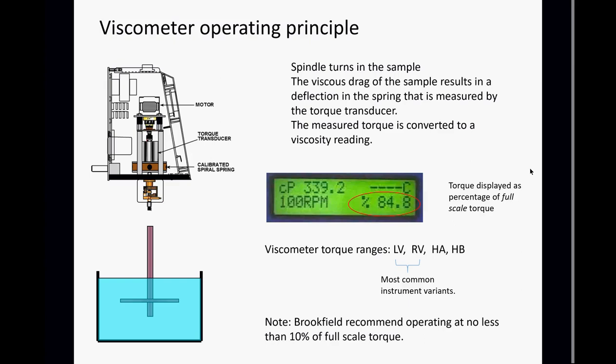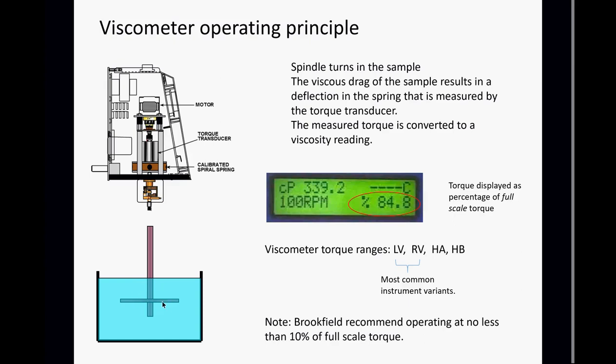So let's just look at how the instrument operates. It's a pretty basic principle. You have a motor in the head of the instrument. That motor turns a shaft. The shaft is connected via effectively a calibrated spiral spring, which is a part of the torque transducer mechanism, to the spindle that then dips into the sample.